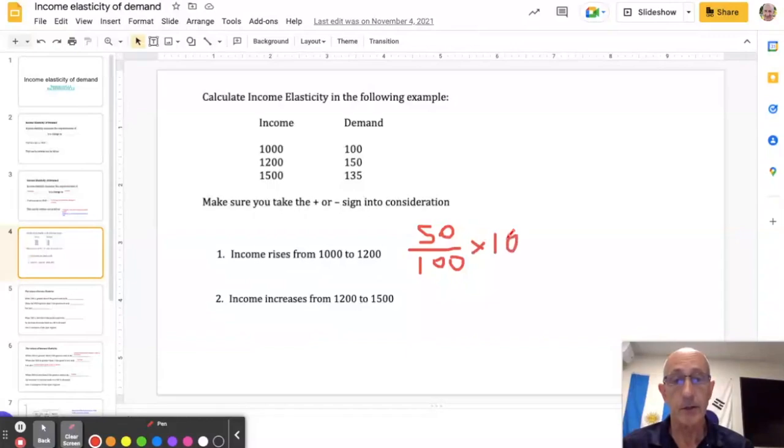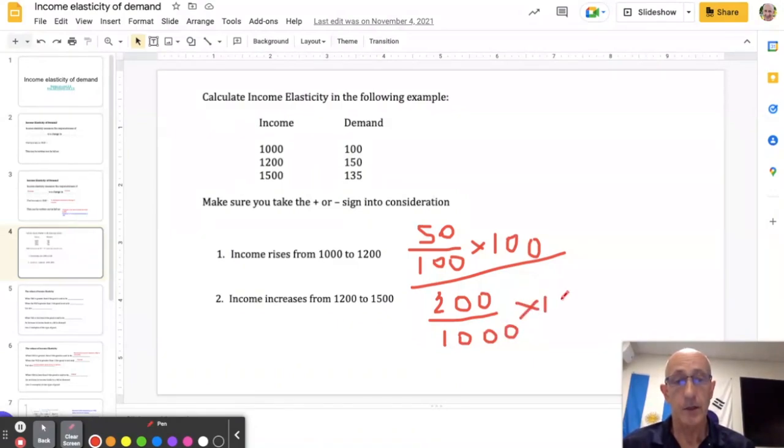All of that is then divided by the percentage change in income. So income has changed by 200, divided by the original income, which was 1,000, and then multiplied by 100.